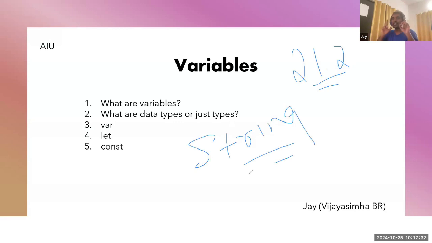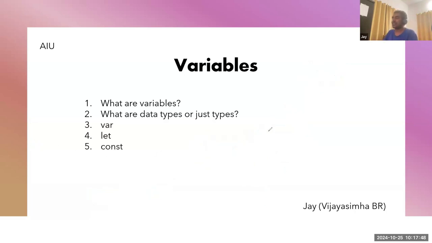Now, if you have a single character, that is called a char. If I have a single character like the L in Professor Lambert, that's going to be a single character called L. And finally, the fifth basic data type is obviously a Boolean. Boolean is something which is either true or false.